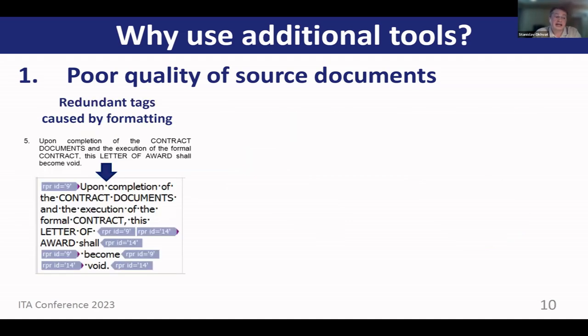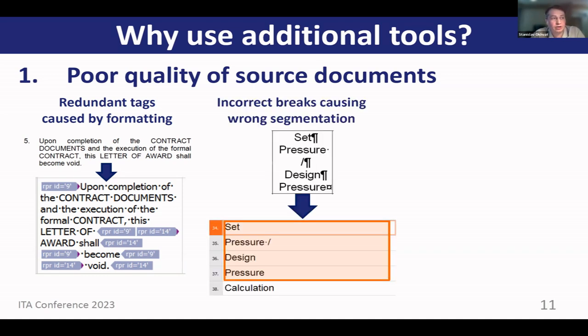As a result, we can encounter the following challenges. First, redundant tags are caused by excessive formatting, especially in documents converted from PDFs. Second, incorrect breaks in the middle of sentences that cause incorrect segmentation in your CAT tool, as well as issues with the final translated file.